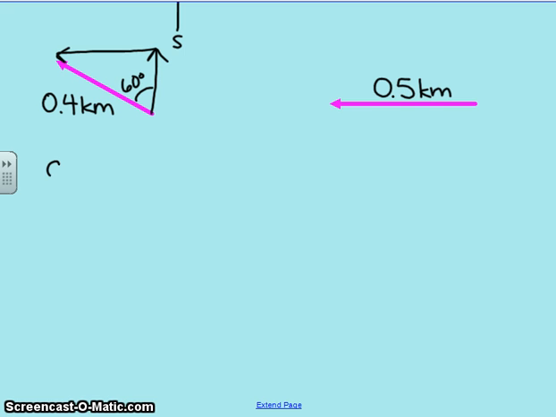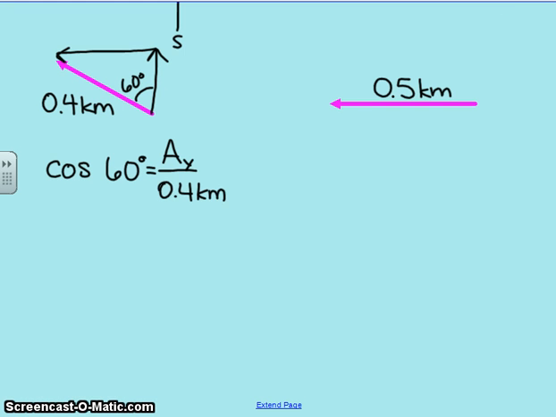The cosine of 60 degrees is adjacent, or AY, divided by the hypotenuse. I'll even plug in what that hypotenuse is right now, 0.4 kilometers.